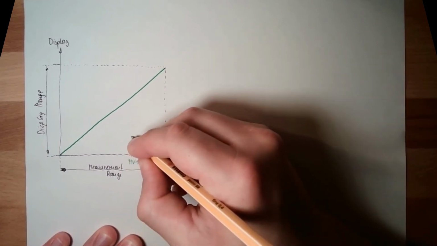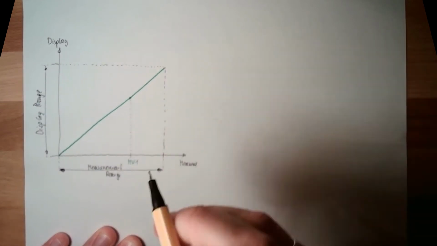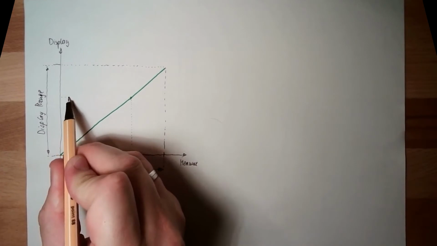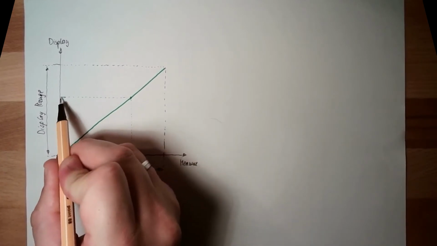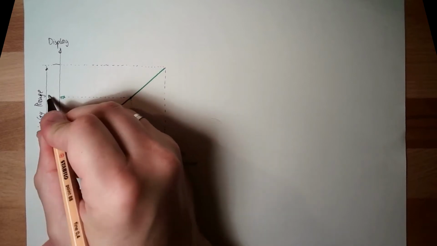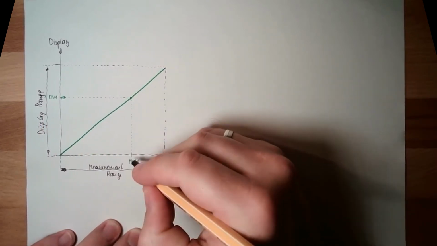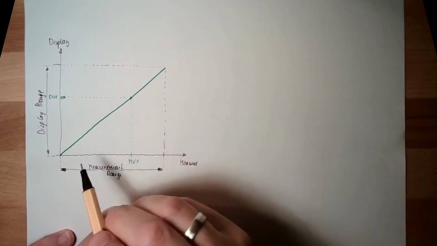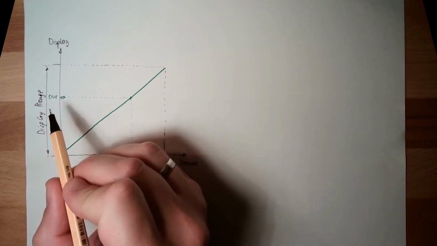I have exactly one displayed value. Here, displayed value 1. Exactly 1. A measured value results by this line in exactly one displayed value.